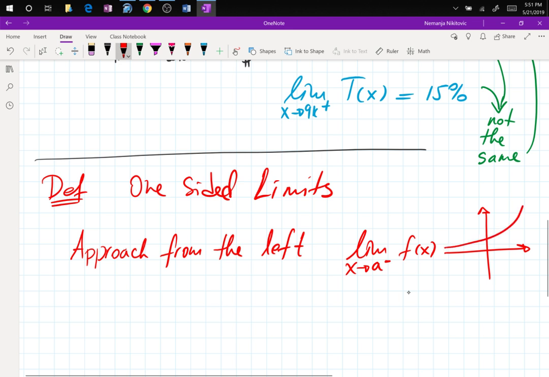Let's say exponential function, and then you have your value over here, whatever, a, and you are approaching from the left. Now, approach from the right.